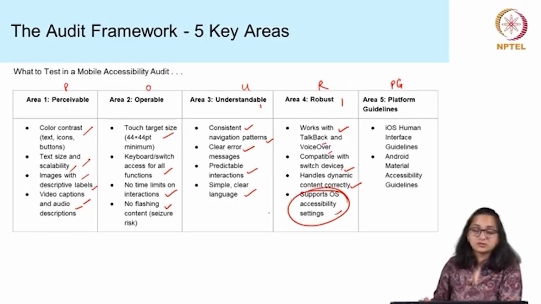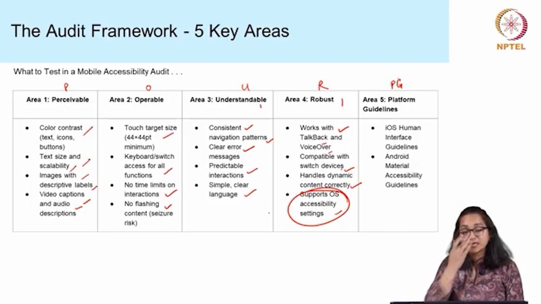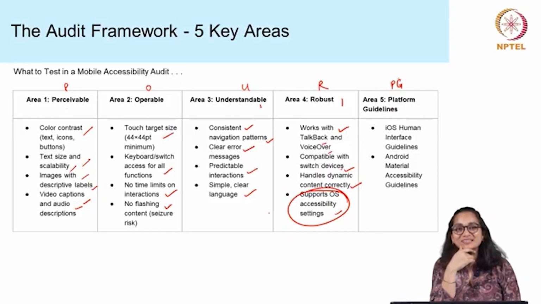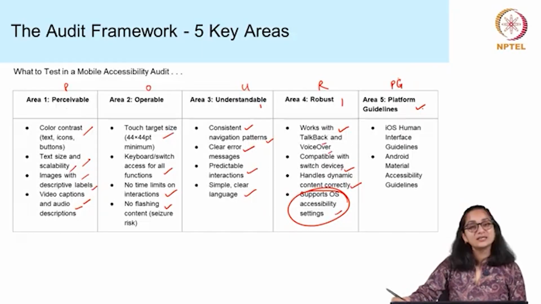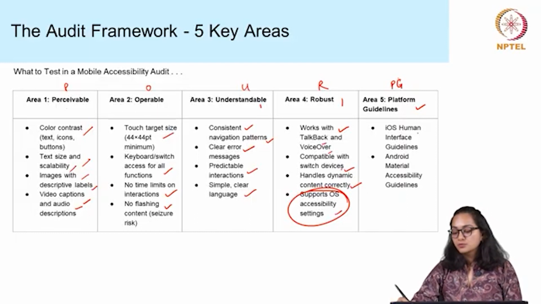This one is quite important because most of the time people have their customized settings already added to their phones, and if in every new app they have to keep repeating the same thing, it is not a very good user experience. The fifth vertical talks about platform guidelines: iOS Human Interface Guidelines, and Android Material accessibility guidelines.